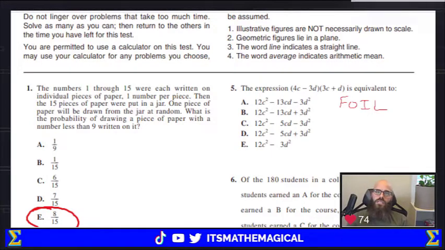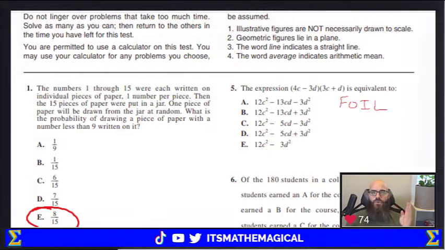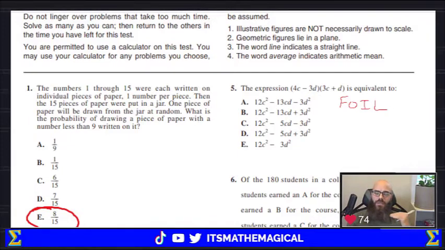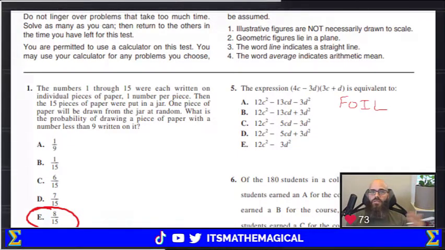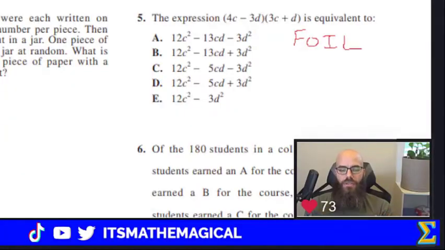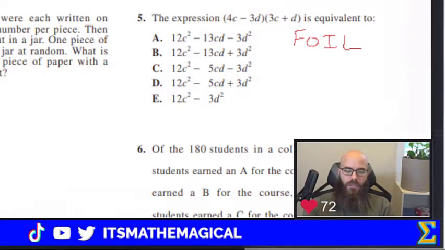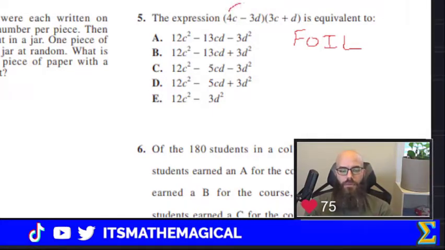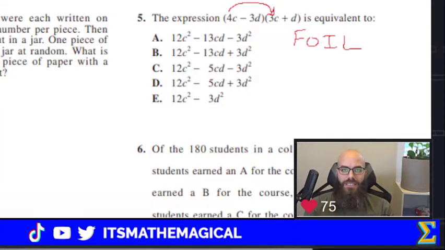All right, FOIL stands for first, outer, inner, last. And this is the method that's used whenever you're multiplying a binomial times another binomial. So basically, you're going to take that first term and multiply it by the first term here. So 4c times 3c is going to be 12c squared.